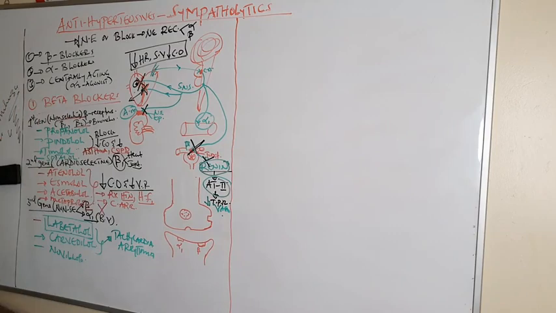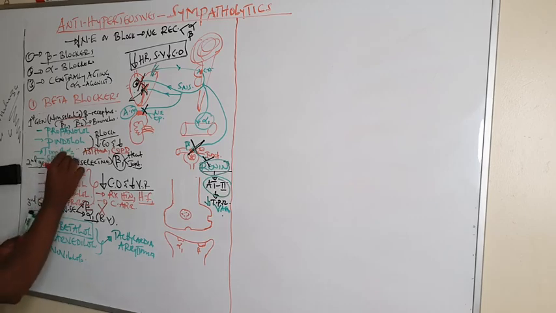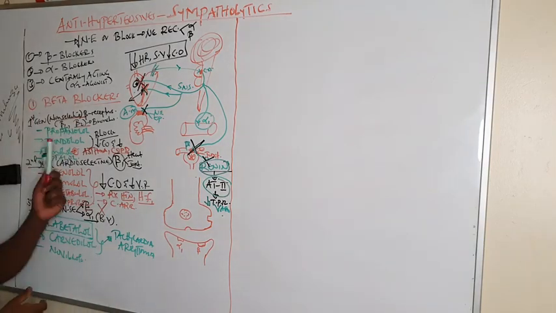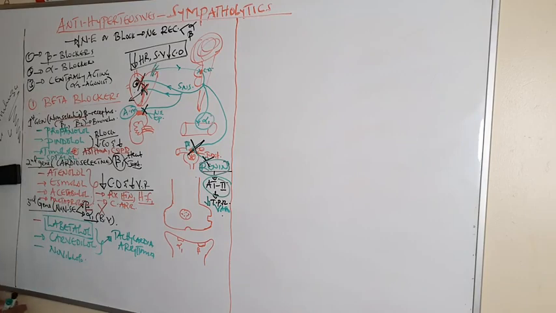Then we are seeing propranolol, pindolol, and timolol. For example, timolol is used in treatment of glaucoma. It is topically applied on the eyes for treatment of glaucoma, apart from treatment of hypertension. Then these are the things we can talk about.